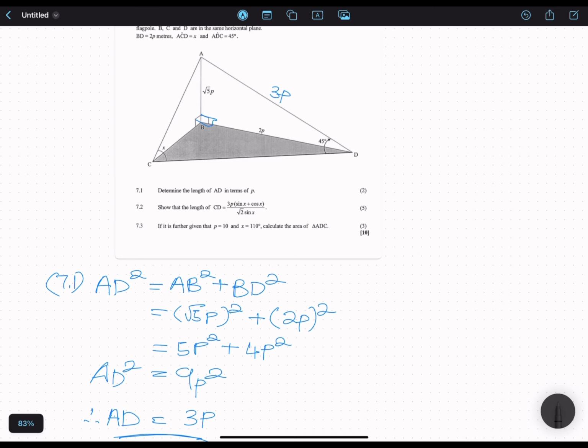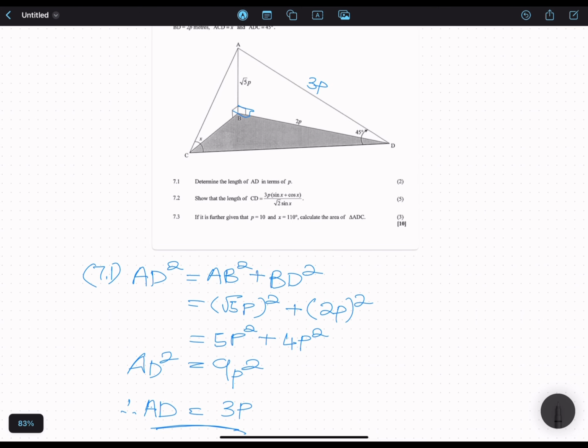So in this case, we can see we have cos and sine, but we know that when you try to find the length, most of the time, what do we use? We use the sine rule, the cosine rule. Those are the rules that are very helpful when it comes to finding the length.